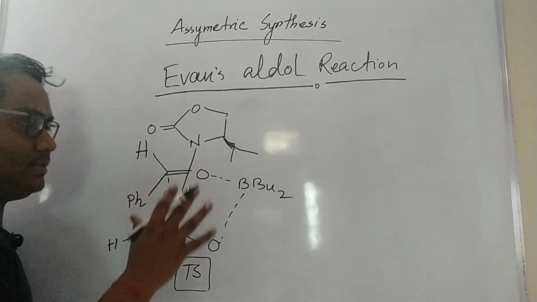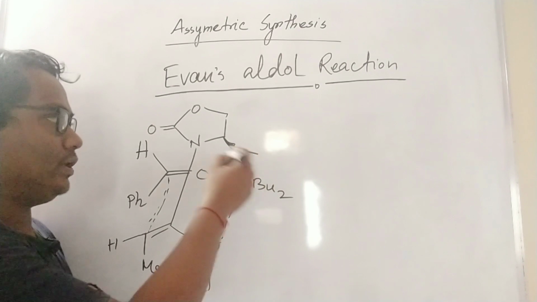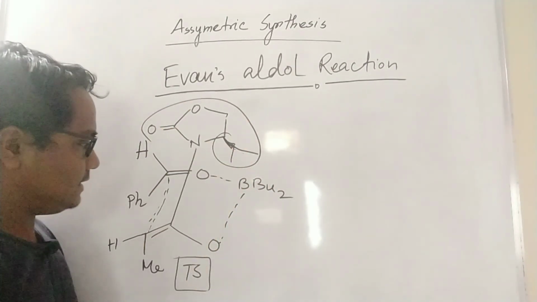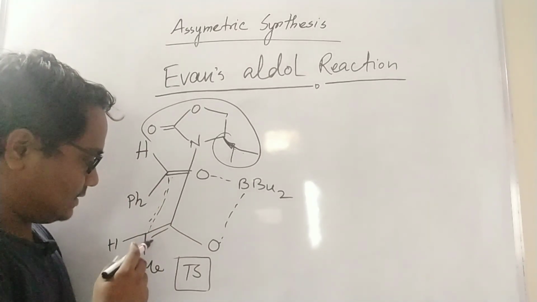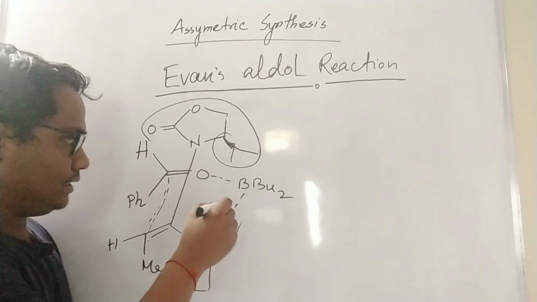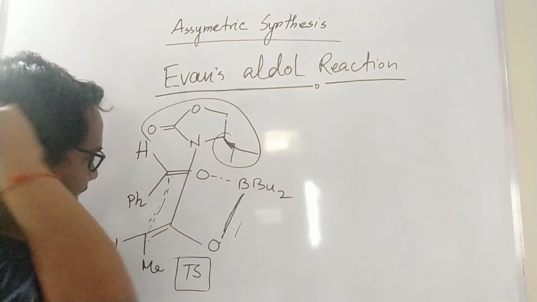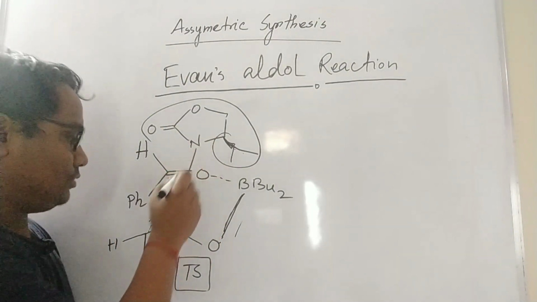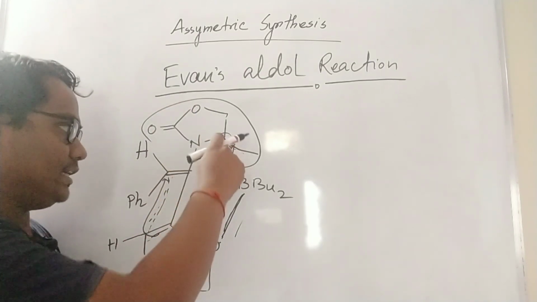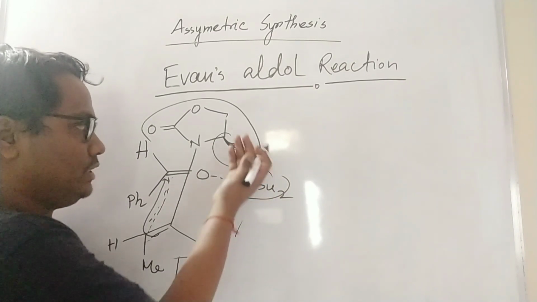This is the transition state of the previous reaction. Whatever I wrote already, this is the oxazoline ring and this is the steric group, and this is the aldehyde and this is the enolate, with the boron attached, and it is also chelating with both of these, and it will be up. So this enolate will come in from the down side because this group is up, it is steric.